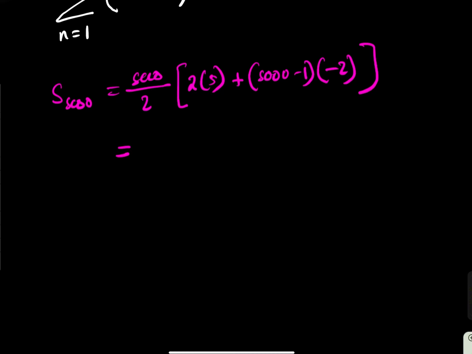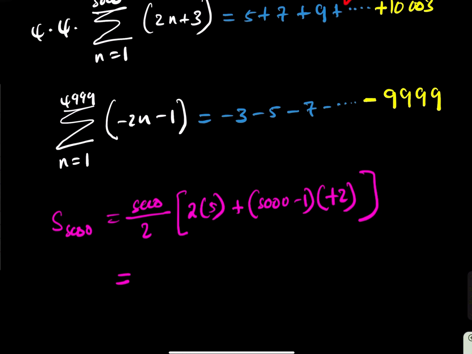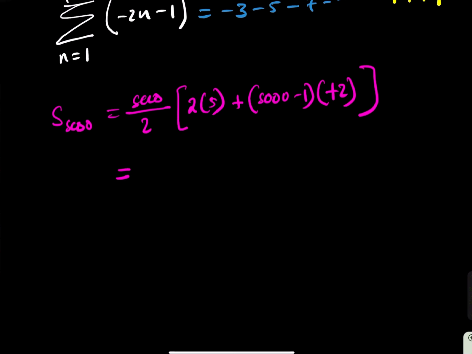Let me check that carefully. The difference between the two should be positive there. This is 4,999 times 2. It's a very big number, so use a calculator. Let me put positive 2 here. I'm getting 25 million. I can't really pronounce that. I think Zamokohle will pronounce it nicely for you guys. And then we get that one.